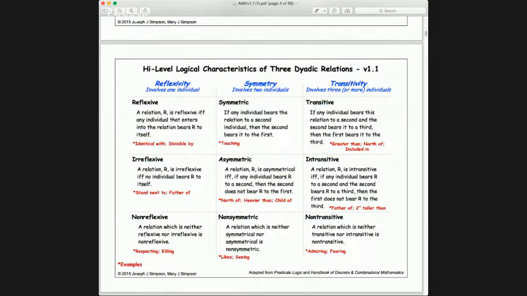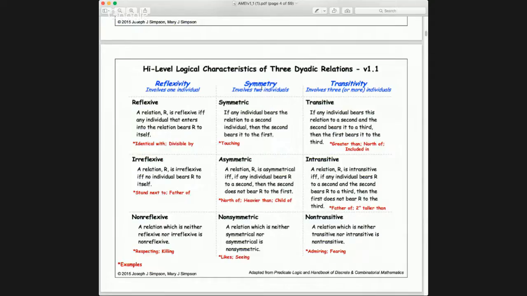From a systems standpoint, also we looked at the way that these primary logical properties are applied. Of course, reflexivity involves just one individual, and symmetry involves 2 individuals, and transitivity involves 3 or more individuals. So from a systems focus, we decided that really the most important logical property, the system structuring property, was symmetry.